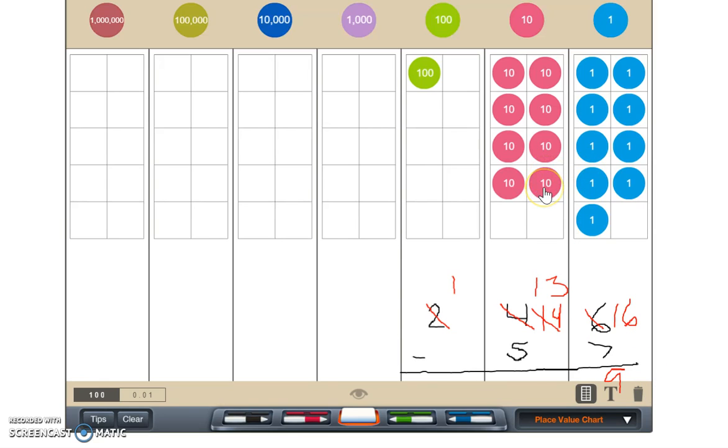If I go back and look, I'm going to set my 10 frame up so it's easier to read. I can see that 13 tens minus 5 tens leaves me with 5 plus 3, which is 8. I have 8 tens. So let's record our 8 tens.